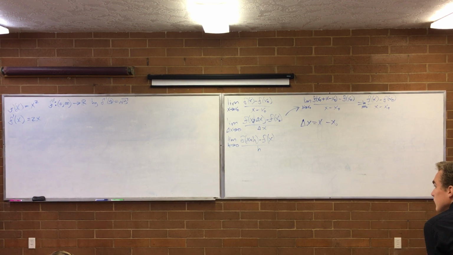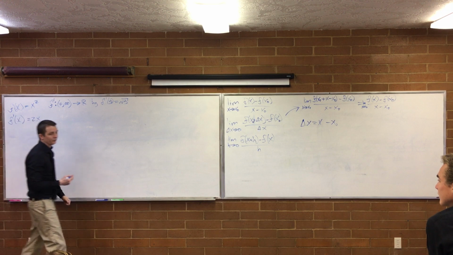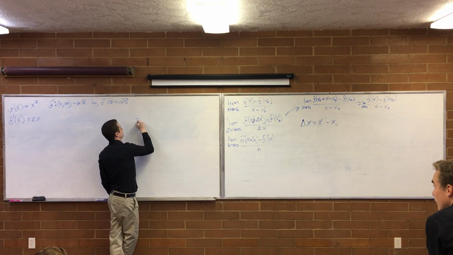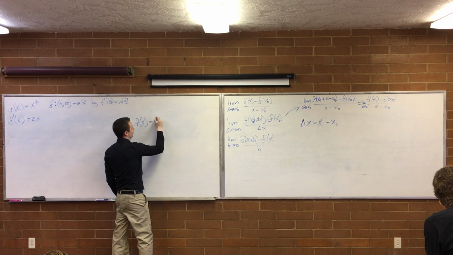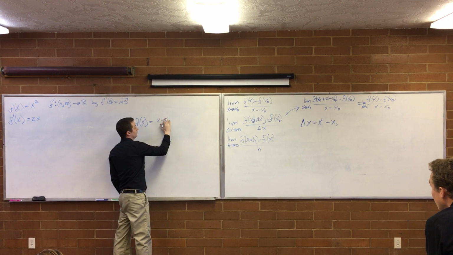We could calculate it the way that you're used to calculating it. Do you know how to calculate an inverse function in general? So let's write out a random function and calculate its inverse. Let's say f of x is equal to 3x minus 7.